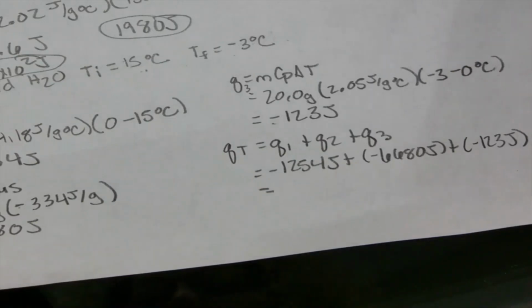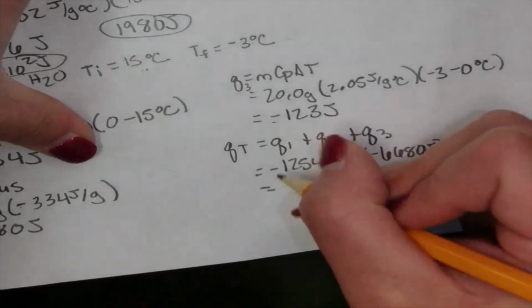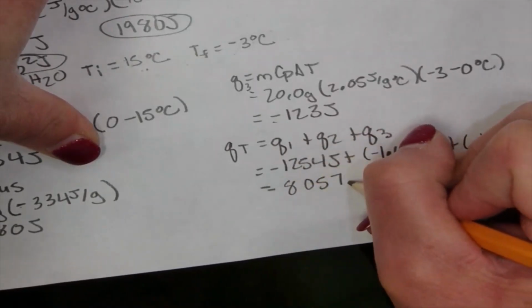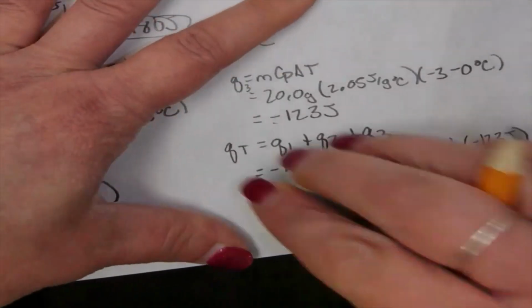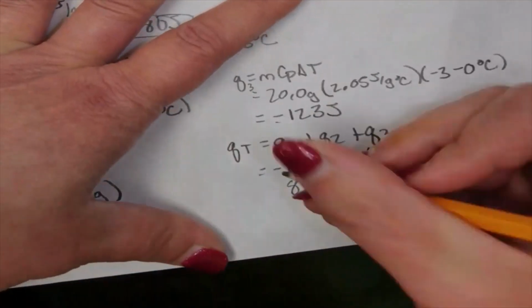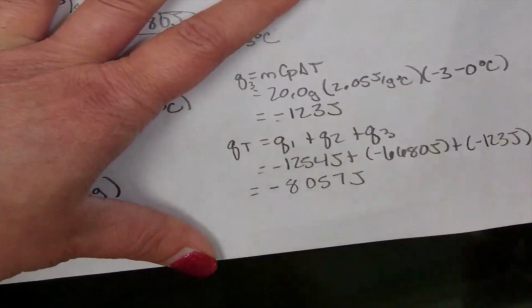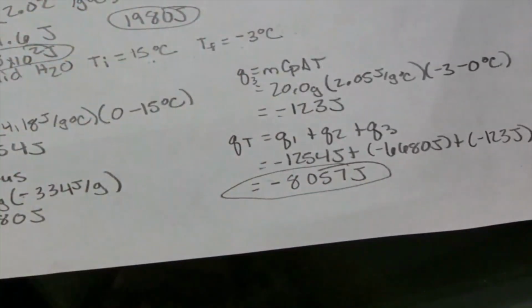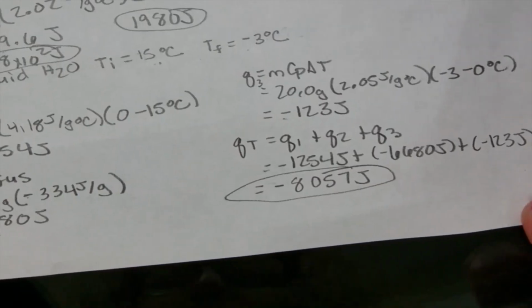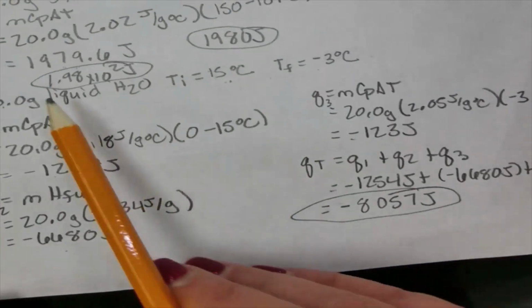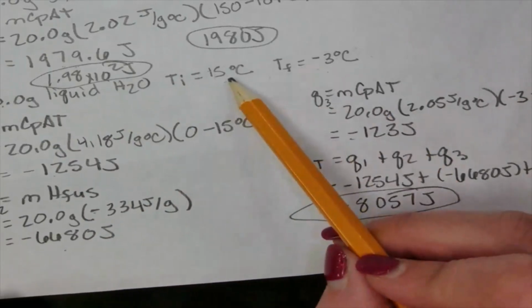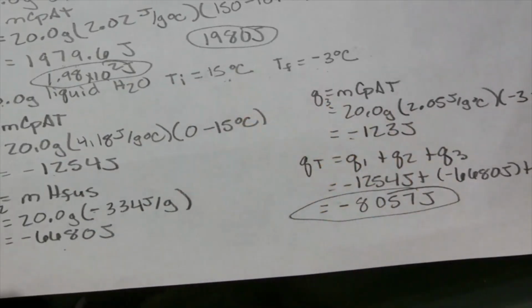They are all negative values. So that's going to give me 8057 joules. And again, when I add them all together, they were all negative, so that is a negative value. So there is my overall heat released when 20 grams of liquid water goes to a temperature of -3 from a temperature of 15 degrees Celsius.